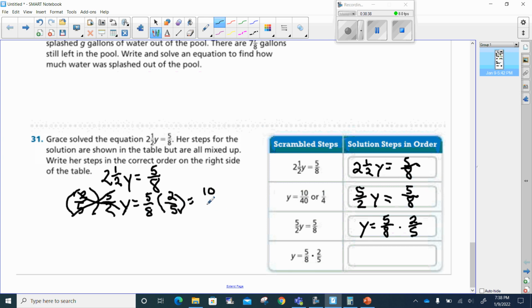And 8 times 5 is 40. That's a possible answer. But remember, we like our answers to be reduced. So I would say a more appropriate answer would be to divide both of these by 10. Which will give us 10 divided by 10 is 1, 40 divided by 10 is 4, so 1/4.